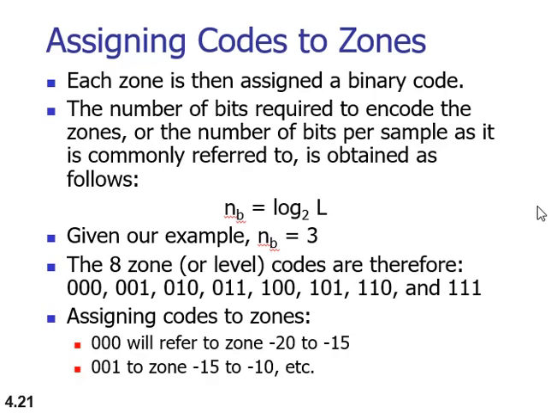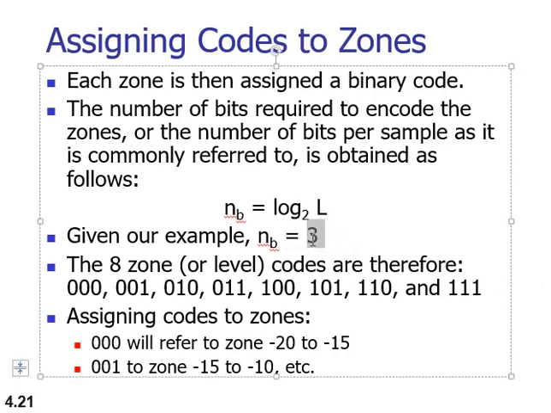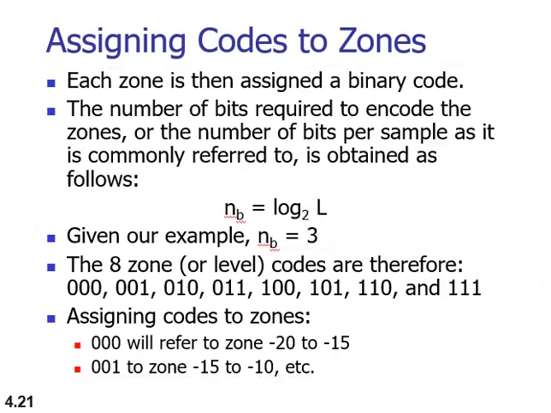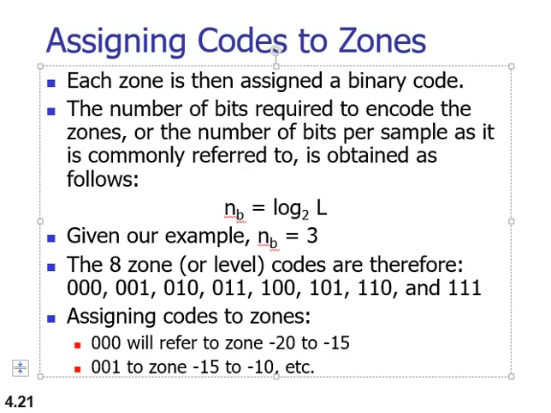So log to the base 2 of 8 gives you 3. So the number of bits we require to encode is 3. When we code these 8 levels, we can name them 000 as the first level, 001 as the second level, and so on till 111 as our 8th level.